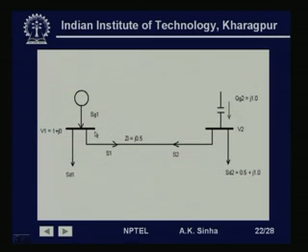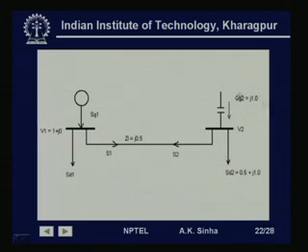This is connected to another bus through a transmission line whose impedance is j0.5. Of course, this line will have susceptance and other things, but for the simplicity of solution, we have neglected those.